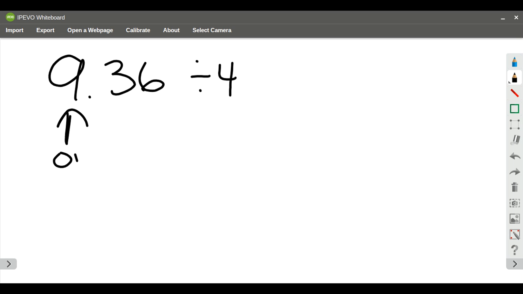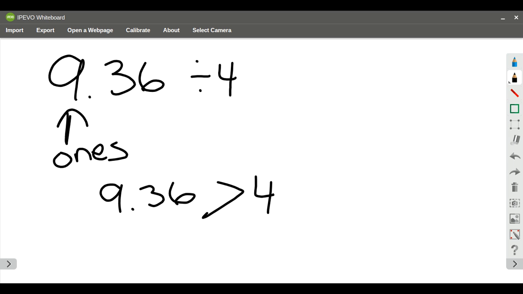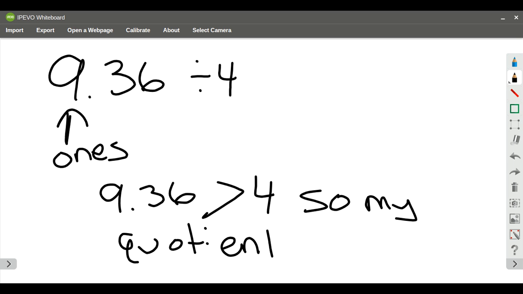So we'd start with the ones before the tenths, because 9 and 36 hundredths is going to be greater than 4. So my quotient is going to be greater than 1. So I look at how many times 4 is able to go into 9.